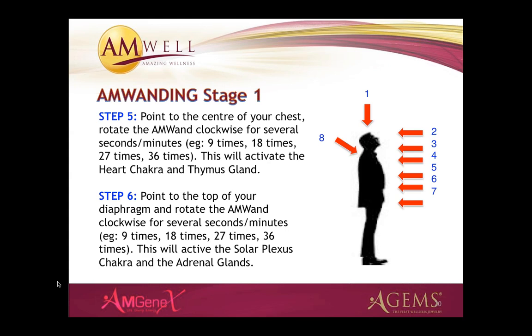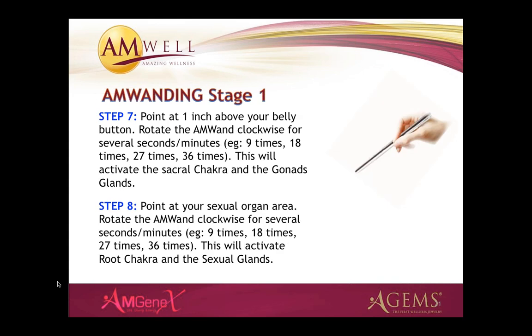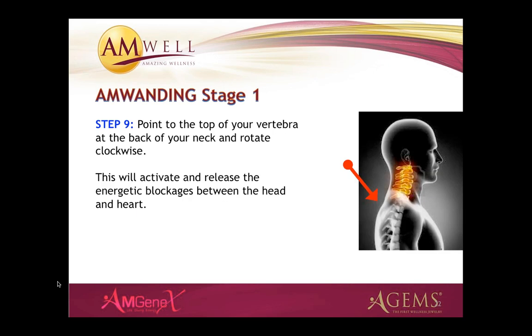Step 6 activates the solar plexus chakra, the adrenal glands. Step 7, the sacral chakra, the gonads glands, and of course step 8, the sexual chakra, which is basically the root chakra, or the sexual glands. Step 9, on the vertebra, the ECG point, the connection.